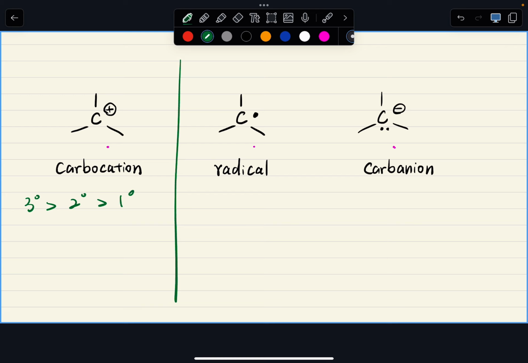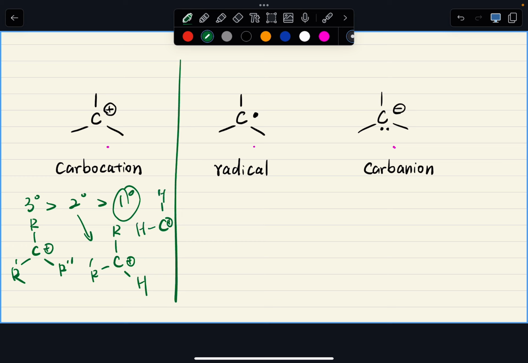And what does it mean when we say tertiary? A tertiary carbocation is a carbon with 3 different R groups attached to it. Secondary is a carbon with 2 R groups and a hydrogen. A primary is a carbocation with 2 hydrogens and only 1 R group attached to it, right? Tertiary is more stable than secondary, than primary.